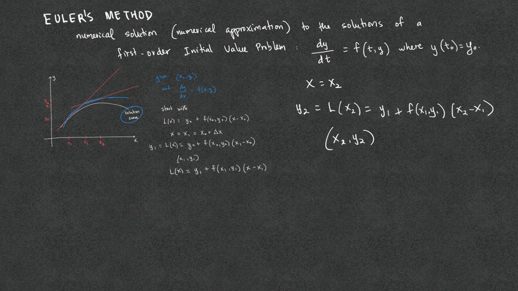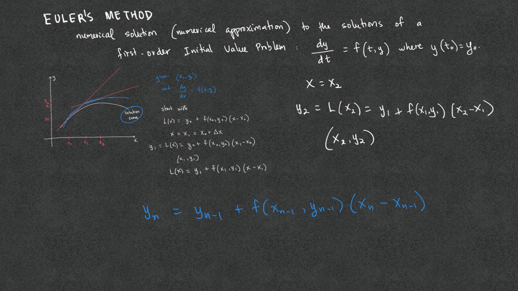Now, we see there is a pattern here. This process keeps repeating, so we end up with y sub n equals y sub n minus 1 plus f of (x sub n minus 1, y sub n minus 1) times (x sub n minus x sub n minus 1).